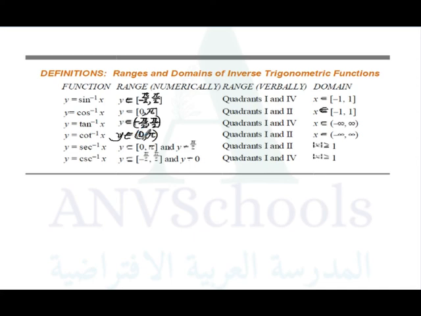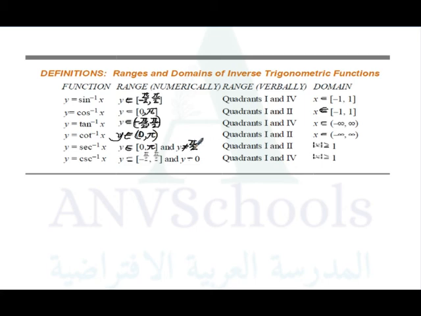It lies in quadrants 1 and 2. And the domain is an element of real numbers. For y equal to inverse secant, the range is from 0 to pi, and y cannot be equal to pi over 2.